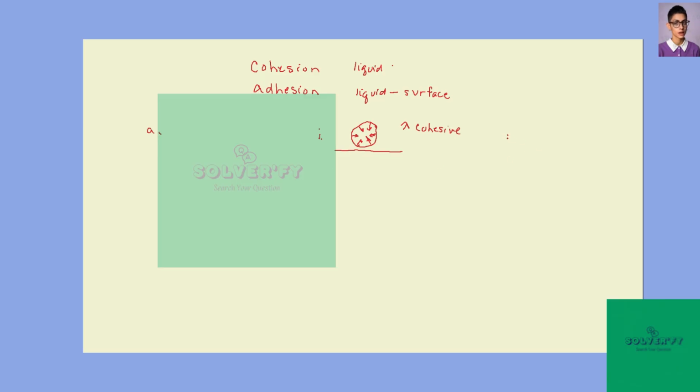In figure 2, we have our surface, and the water, or the liquid, is just kind of in a little puddle right there. And so in this one, the liquid has a lot more attraction for the surface because it's spreading out along the surface instead of beading up on itself. So this one has high adhesion.